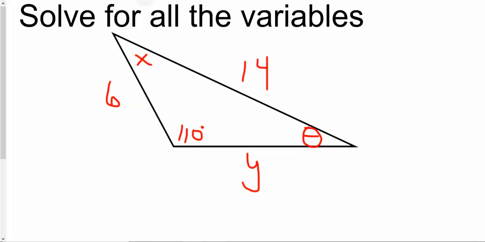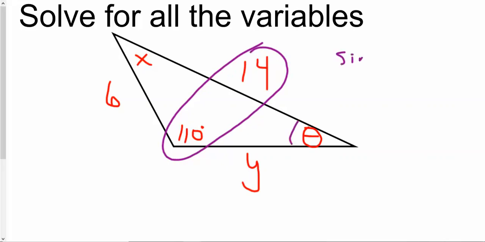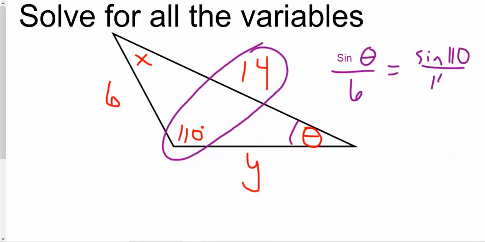So again, the reason we know that we're going to be using law of sines is because we have this angle side length pair, right? The buddy pair. And so the first thing we can solve for is theta. So we're going to use sine of theta over 6 is equal to sine of 110 over 14.